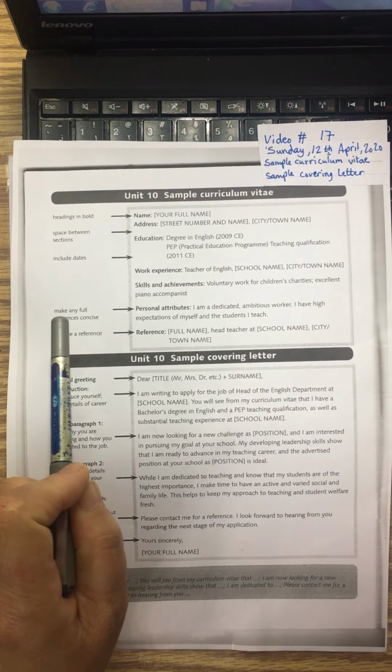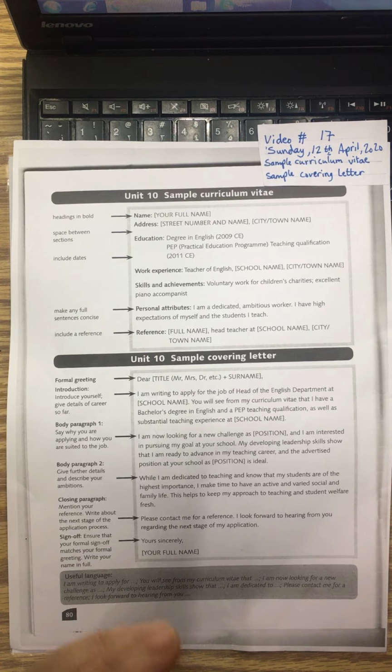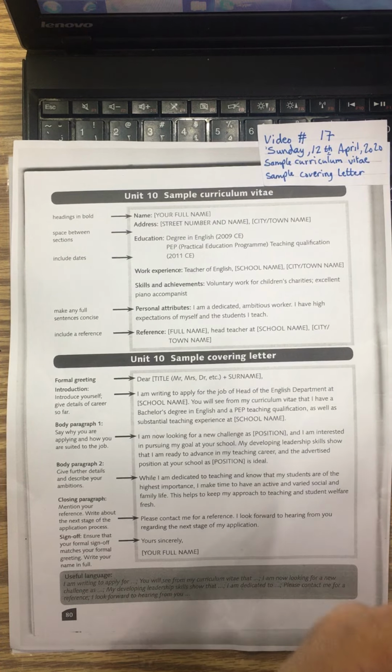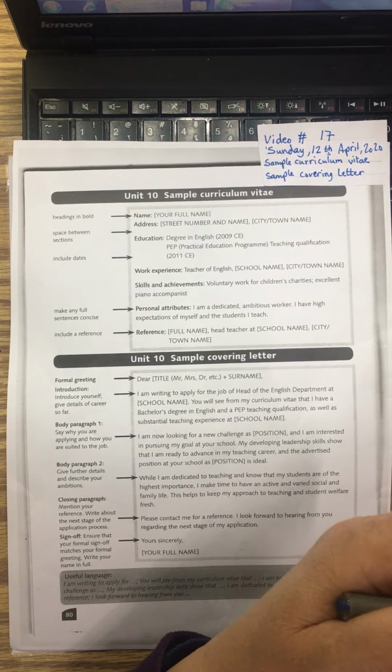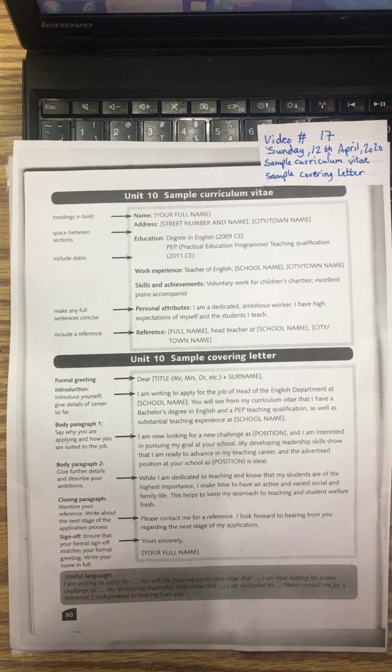Make any full sentences concise. Don't give very long sentences. Try to make your sentences very concise, very brief and very short. Personal attributes means your personal characteristics, your personal traits. Okay, you have to tell them, I am dedicated. The word dedicated means I am a very faithful person, I am a very loyal person.